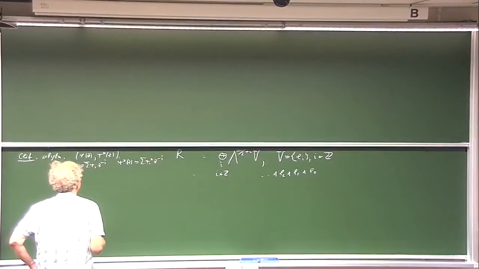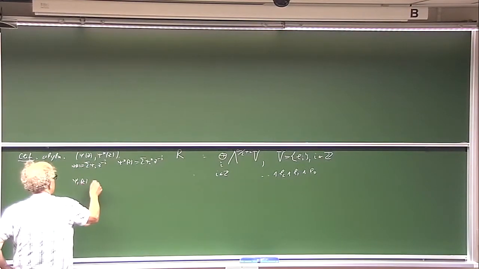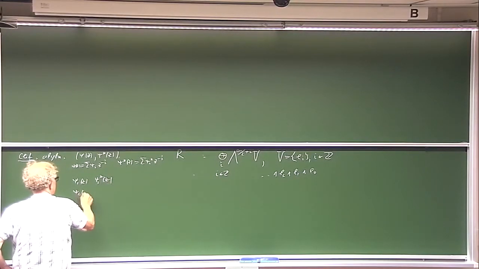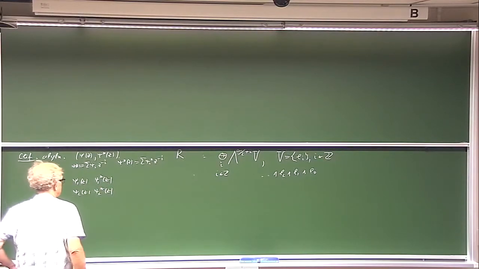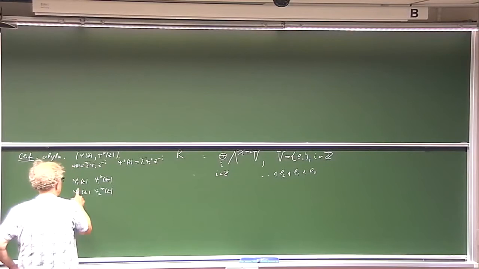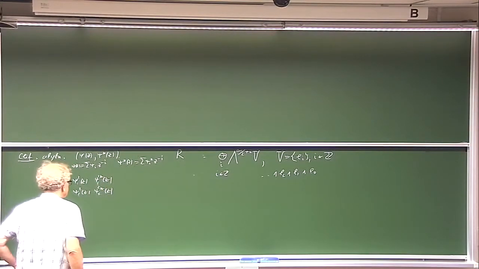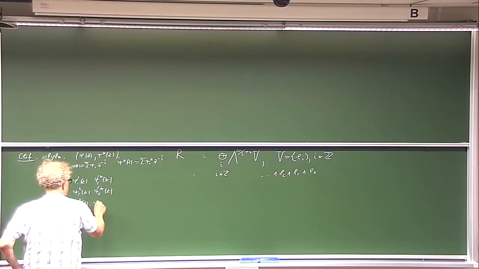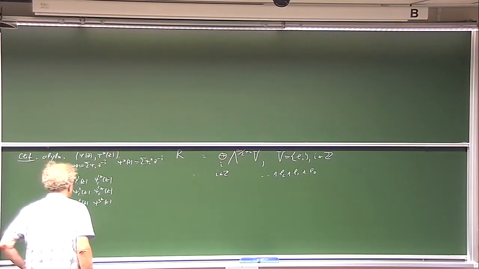And the next example was the following, that I have two copies of this: psi1(z) and psi1 star(z), psi2(z) and psi2 star(z). Or, for example, psi3(z) and psi3 star(z), and I can take n copies of them.